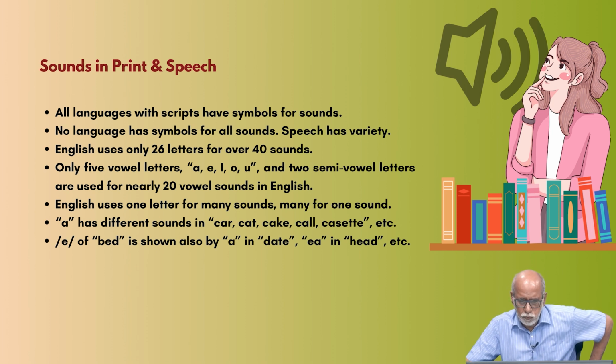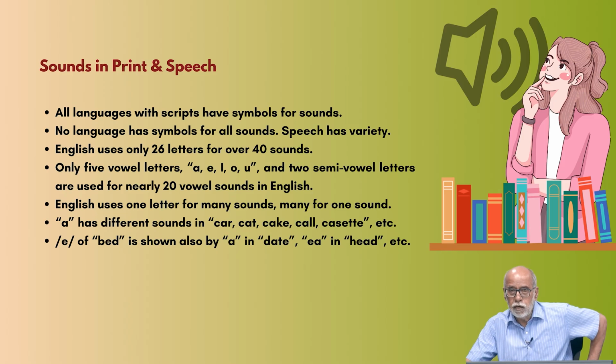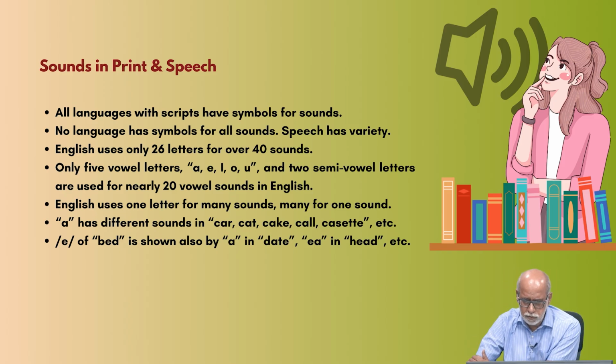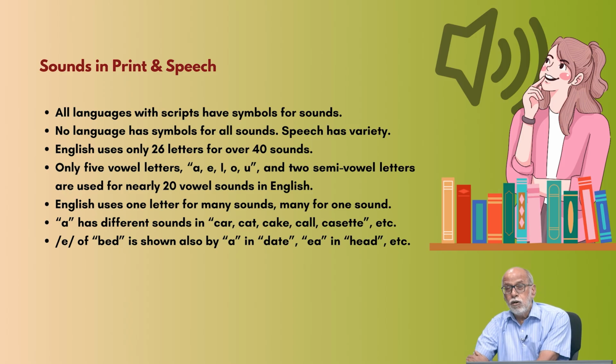Similarly, when we write N, we mean N, and when we write P, we mean P. So, different symbols indicate different sounds. And all languages, therefore, particularly all languages that have scripts, and any language can be written in any script by and large.